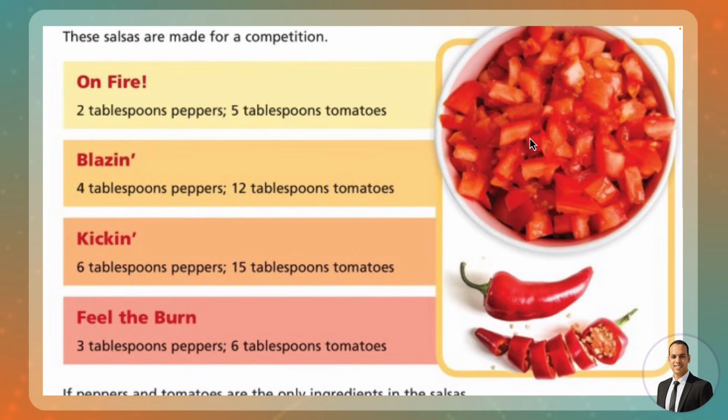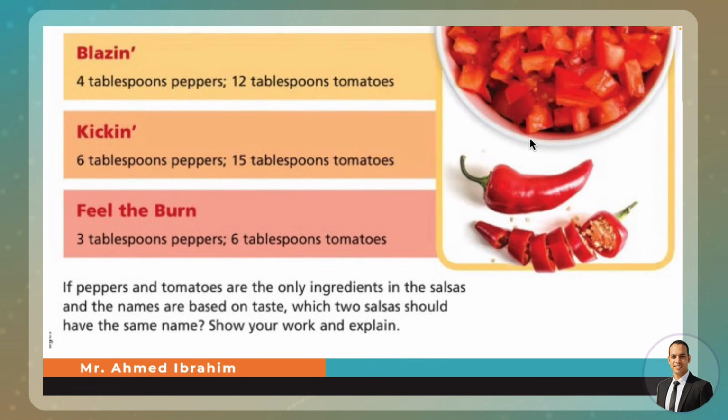Kicking uses 6 tablespoons peppers, 15 tablespoons tomatoes. And Feel the Burn, 3 tablespoons peppers and 6 tablespoons tomatoes. And it says here, if peppers and tomatoes are the only ingredients in the salsas, and the names are based on taste, which 2 salsas should have the same name? Share your work and explain.